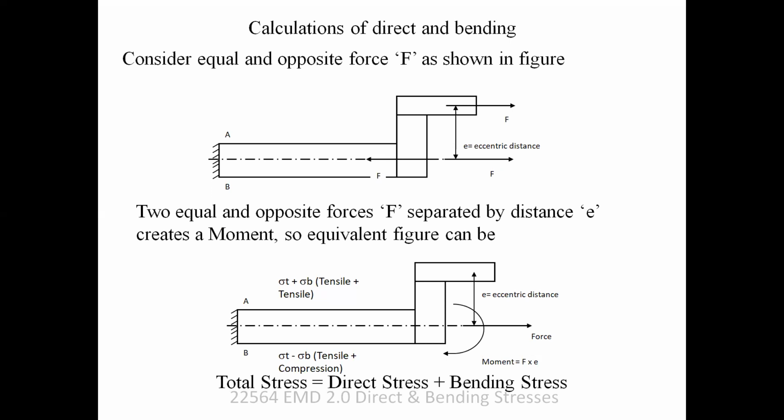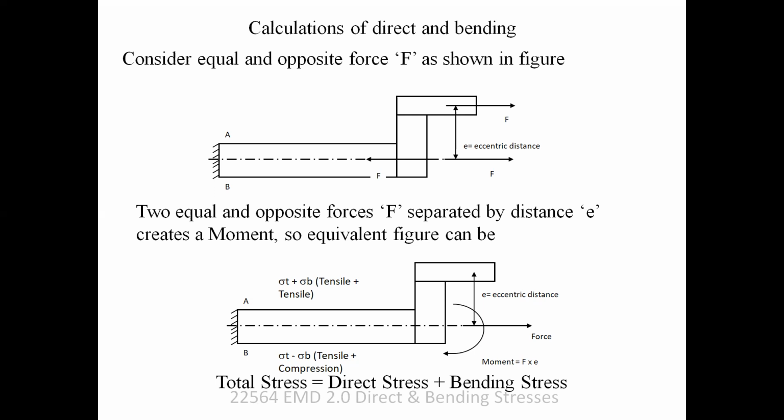If you look at point A, point A is subjected to direct tension plus bending tension. Why? Because it is going to bend. Whereas at the bottom side, B has direct tension sigma T and minus sigma B. Why is it minus sigma B? Because there is compression bending.